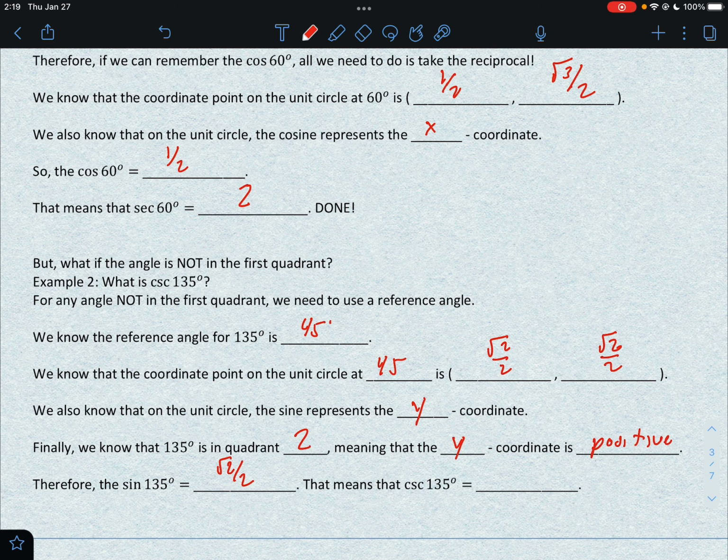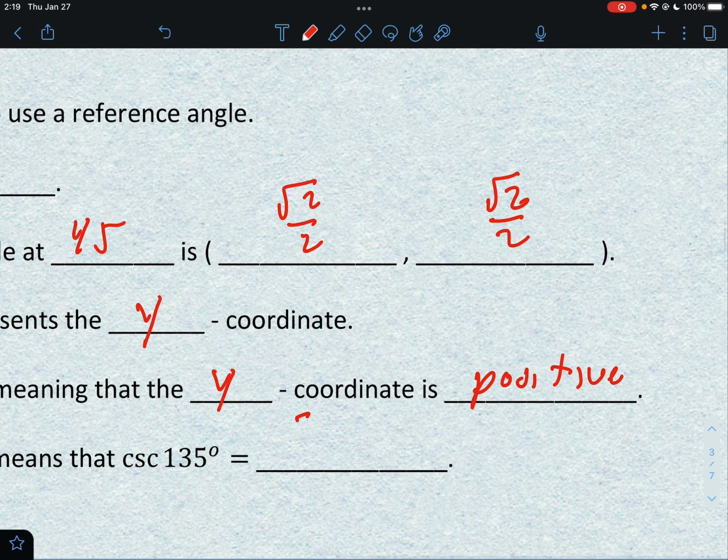The reciprocal of that for cosecant would be 2 over root 2. Technically, that is the correct answer. We can rationalize that to give us 2 root 2 over 2, or root 2. But this answer for what we're doing here is absolutely fine.